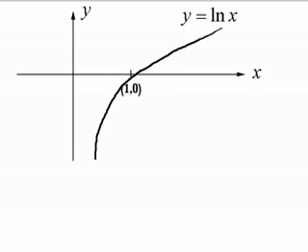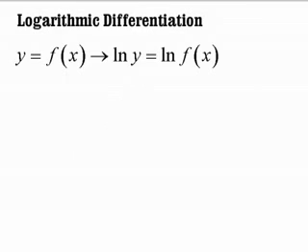If we transform those limits into graphical statements, we see what the graph of y equals natural log of x looks like. And we know that the natural log of 1 is 0. Because of that, the x-intercept is (1, 0). And the natural log function never crosses the y-axis.